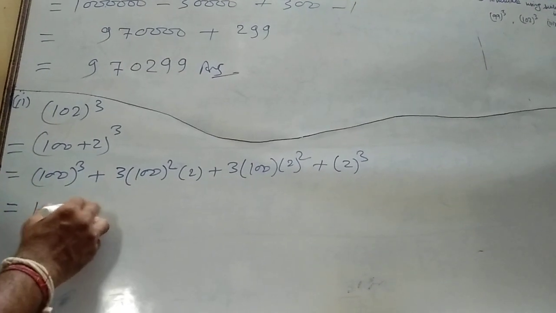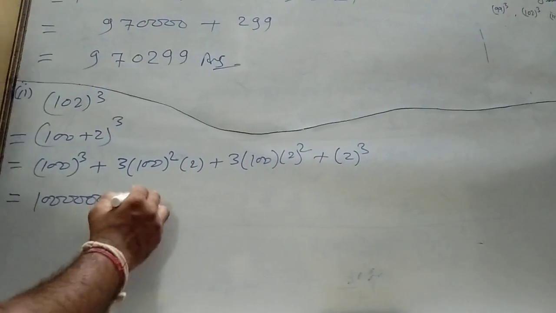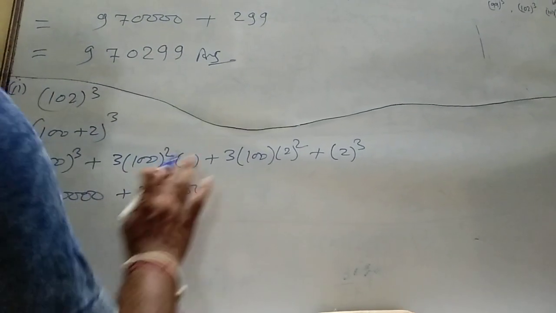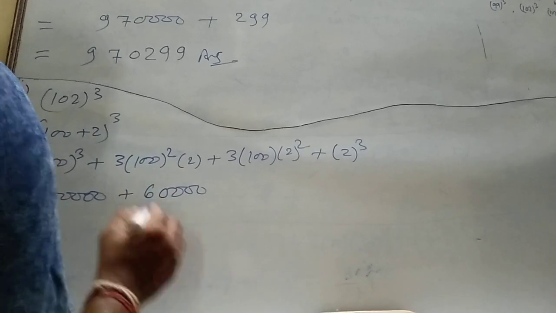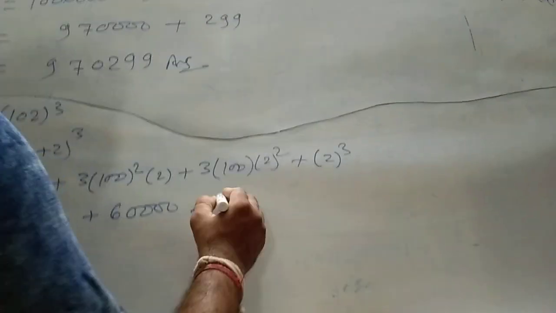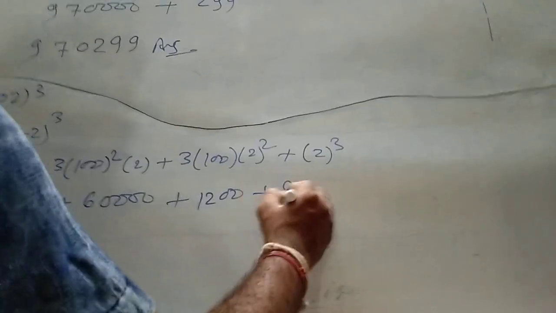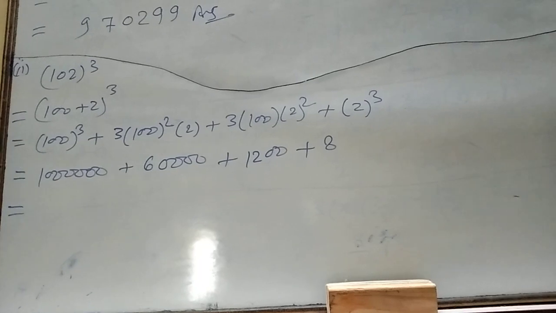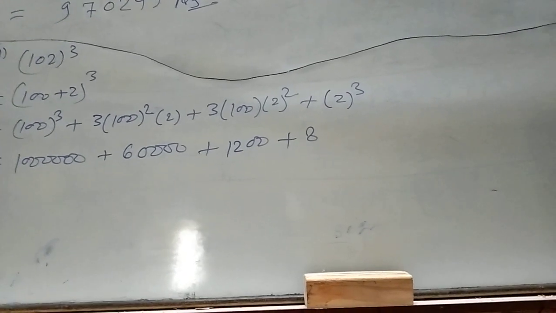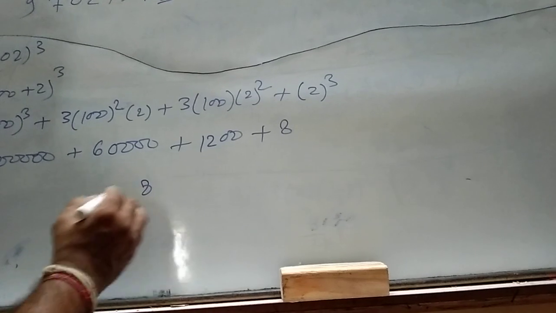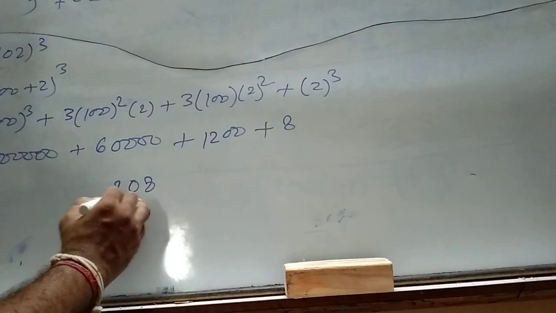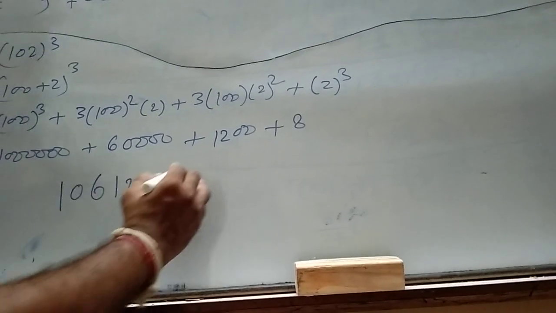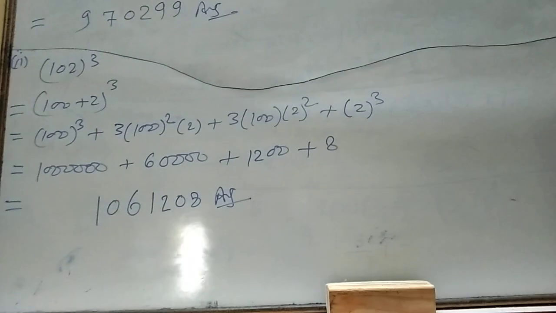Now this can be written as plus 3 × 2 = 6, plus 2 × 2 = 4, 3 × 4 = 12, then 1200 plus 8, and finally when we add all of this, we get 1061208. This is your final answer.